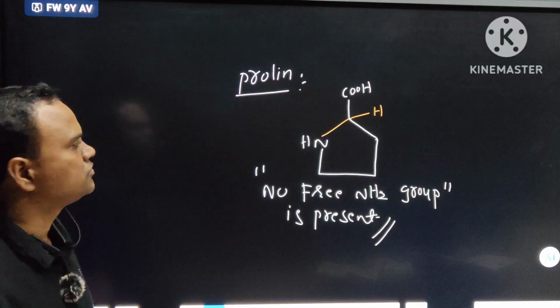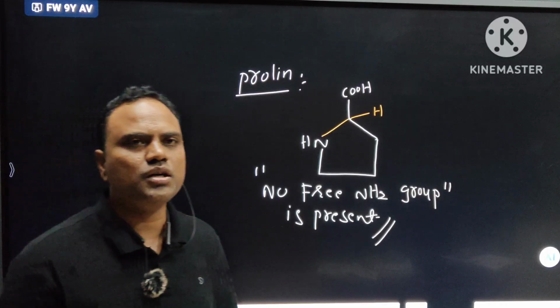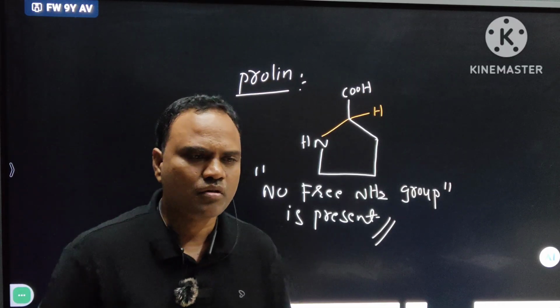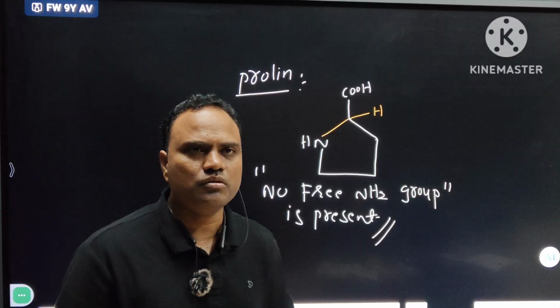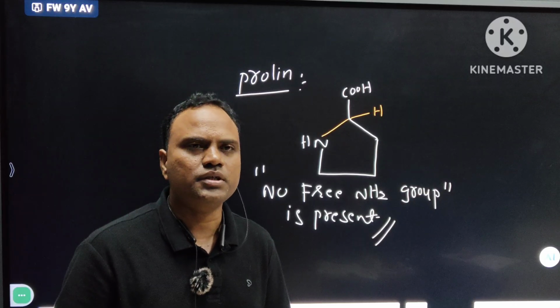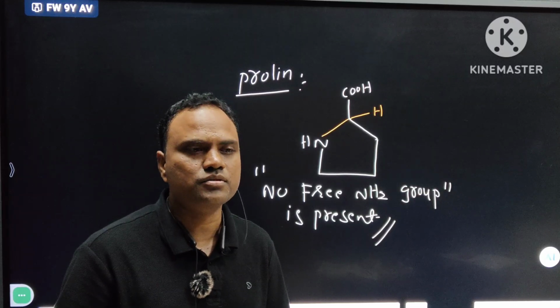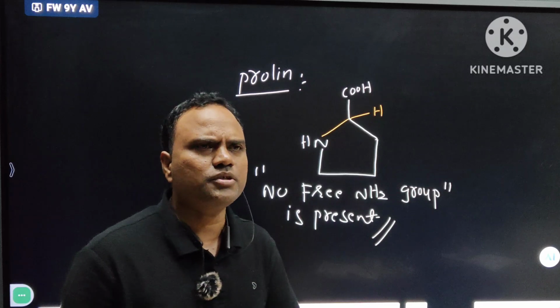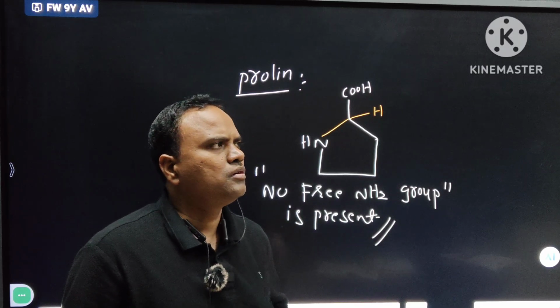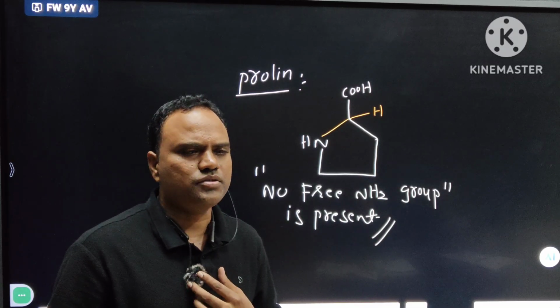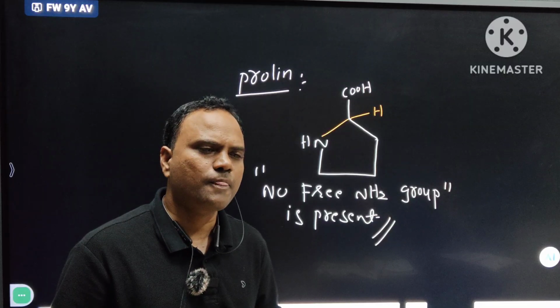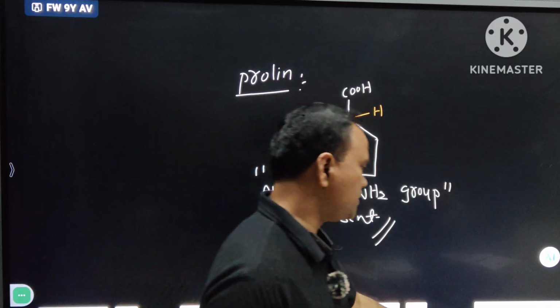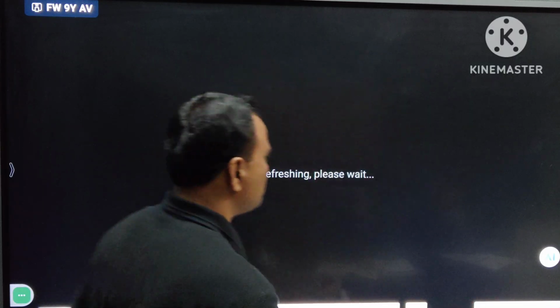Okay. Now let us start the codes. Questions will come from these only, no doubt. We covered some important parts, homologs. And you tell me, first amino acid is glycine. Second amino acid, glycine, alanine. Look at this, all of you.